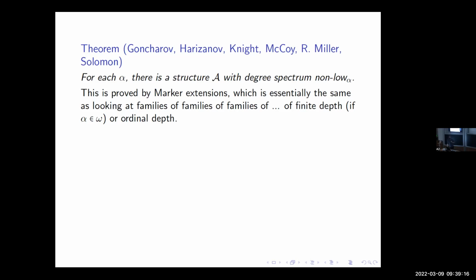How do you do a marker extension? Essentially, a marker extension is looking at a family, and depending on how far you're doing it, you're looking at families of families of families. If alpha is a finite number, then there's some finite number of nested families. But if it's an ordinal, then you've got some ordinal length nested family.